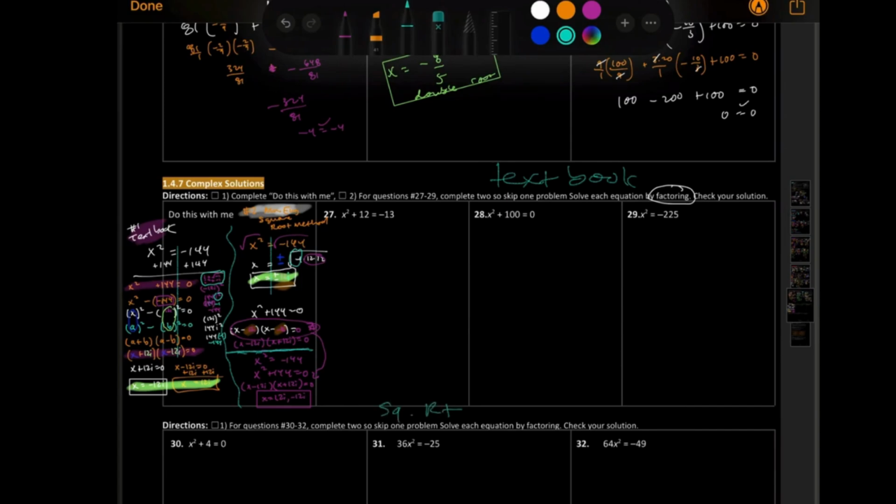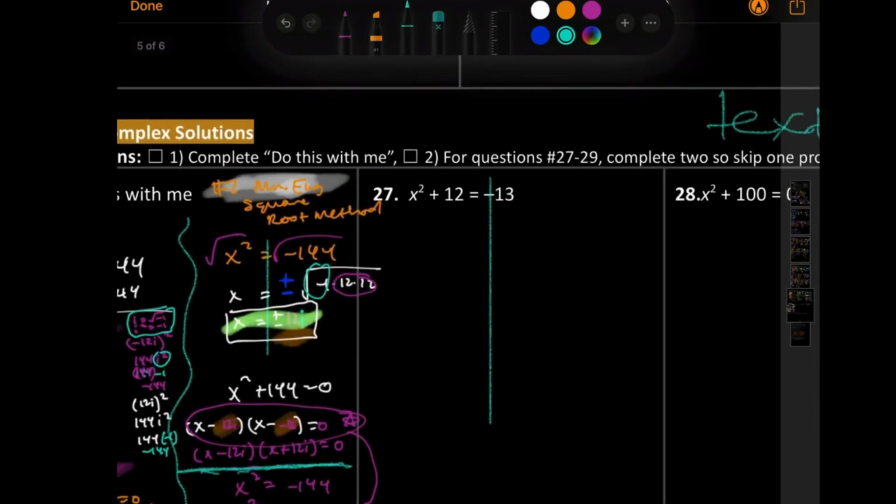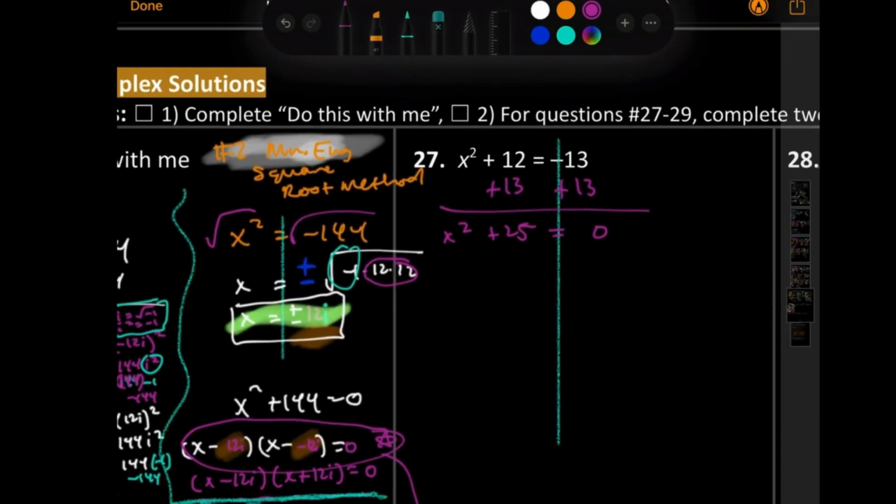Okay, for number 27, let's move this to the other side. So I now have x squared plus 25 equals 0. In order to use the difference of squares, we have to change it to subtraction. So how do I do that? We do minus, minus.